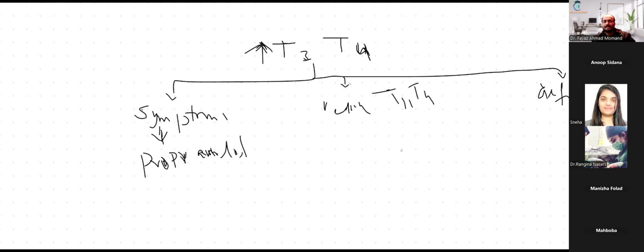For reducing the secretion or T3 and T4 levels in the body, we use propylthiouracil, methimazole, and carbimazole. These are the medications we can use.